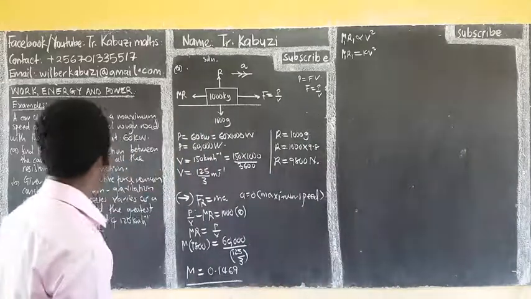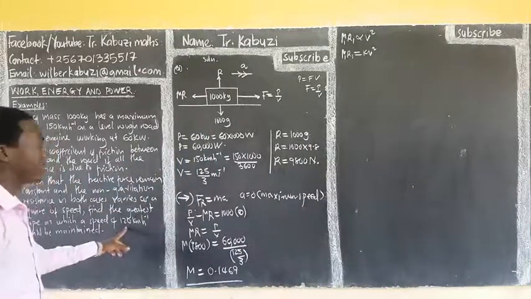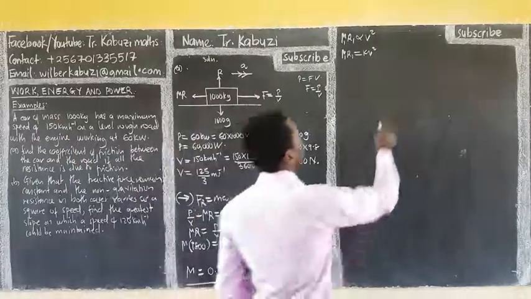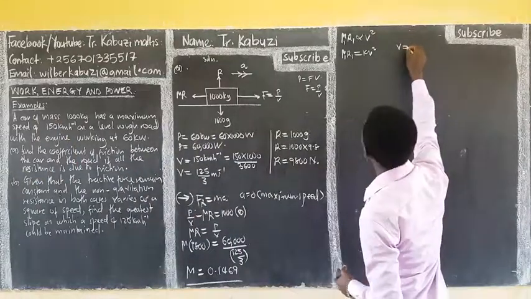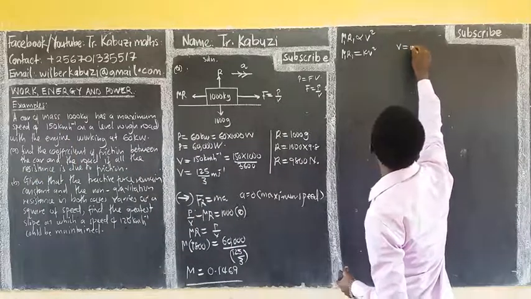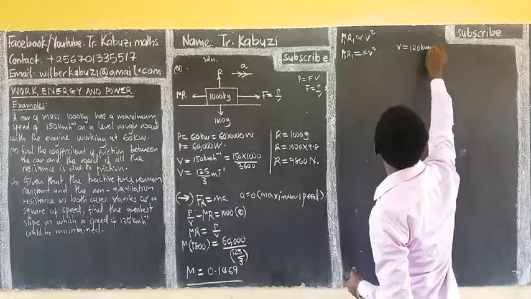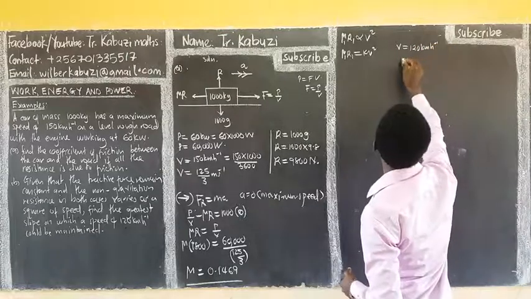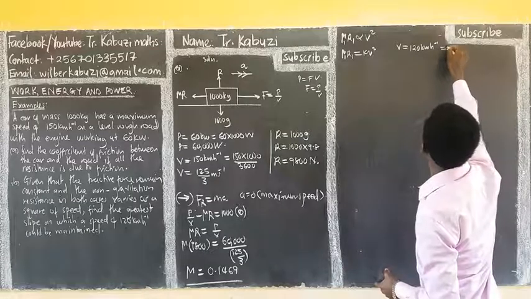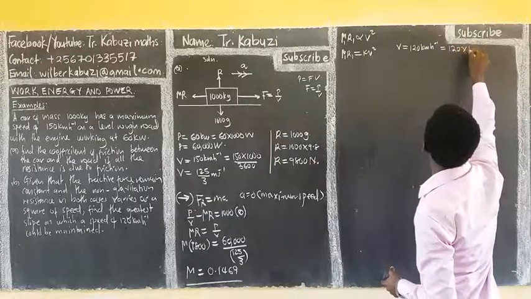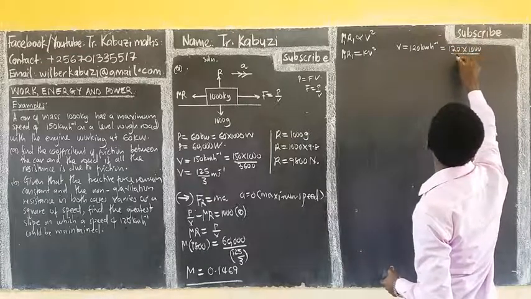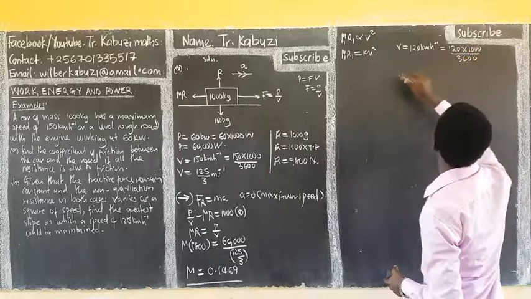So from there, what do we have? They are giving us now the new speed. The new V here is going to be 120 kilometers per hour, which is 120 times 1,000 meters over the seconds in 1 hour.